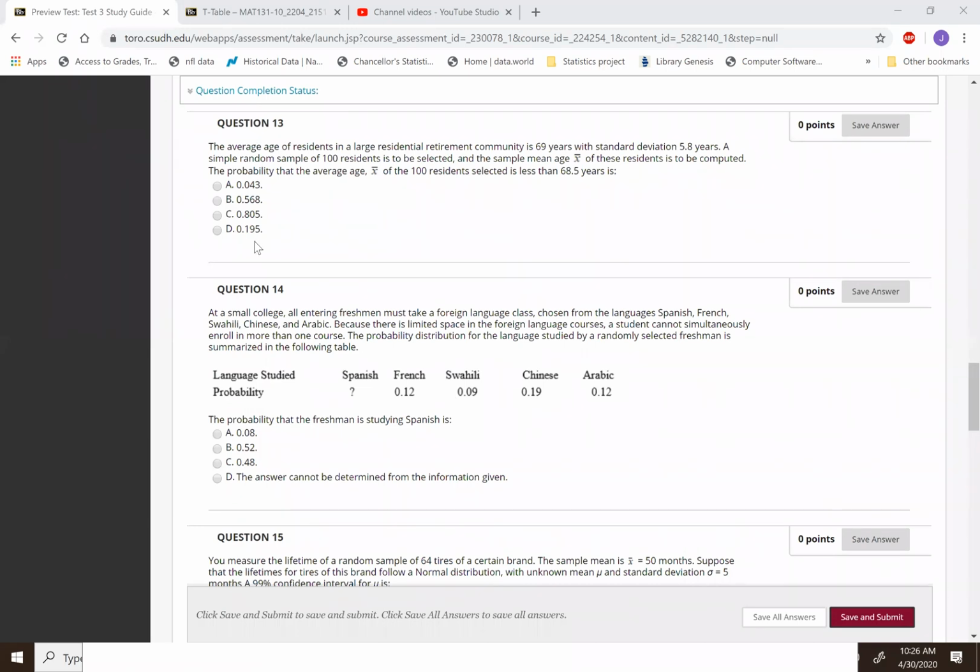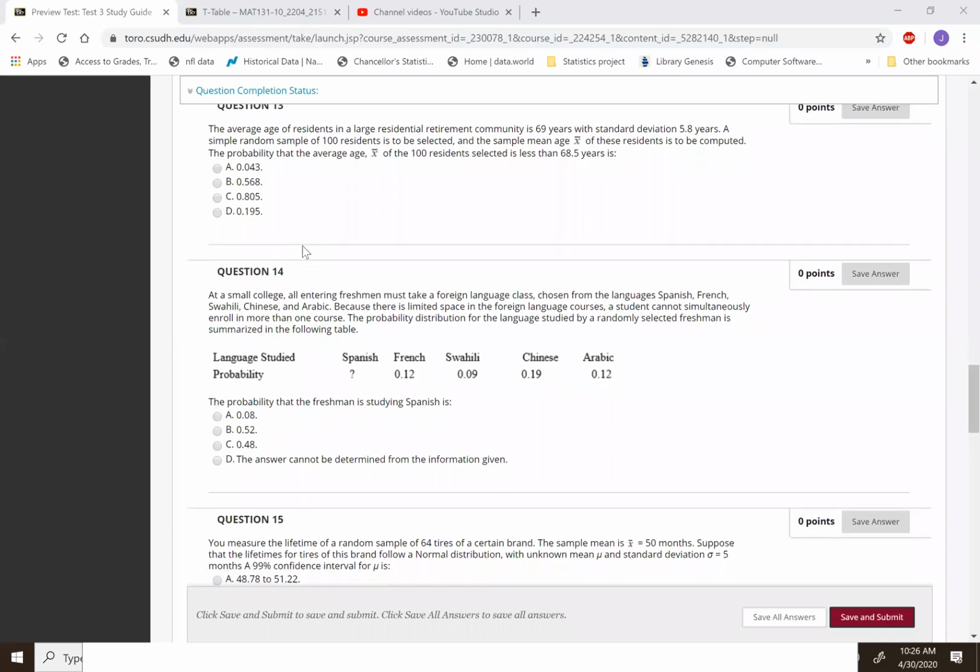It says a simple random sample of 100 residents is to be selected, and the sample mean age X bar of these residents is to be computed. The probability that the average age X bar of the 100 residents selected is less than 68.5 years is, so we have to do the math.